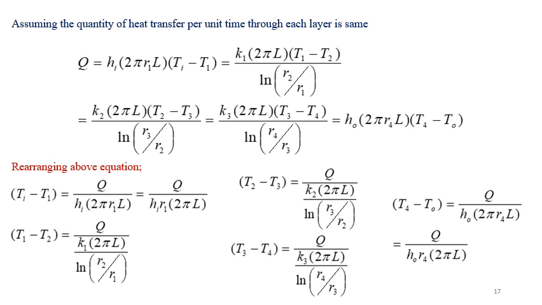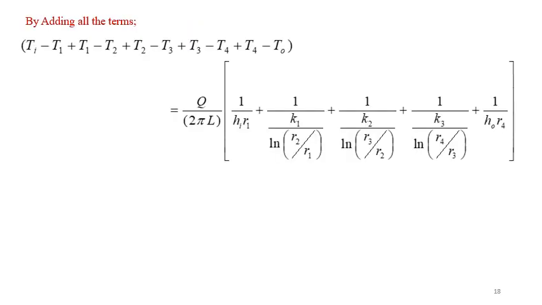Then it gets cancelled, and the only remaining is Ti minus T naught. That is actually what we want to calculate, isn't it? What is that? The rate of heat transfer from the inside hot fluid to the cold fluid. That is what we are actually going to find.